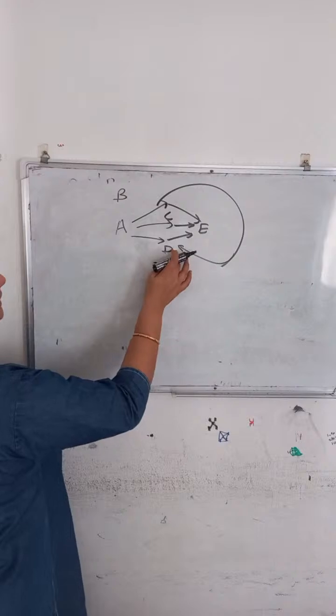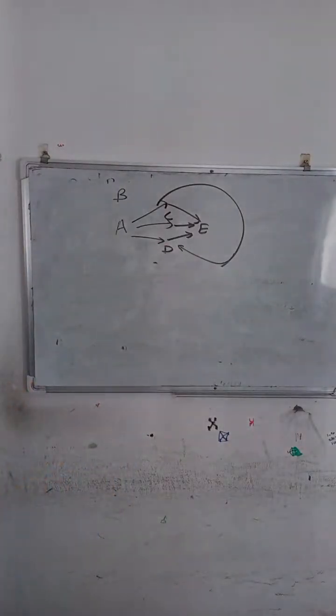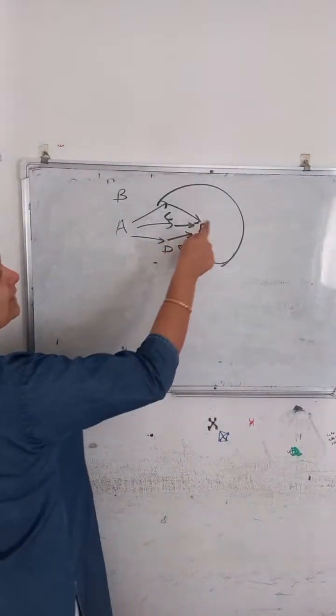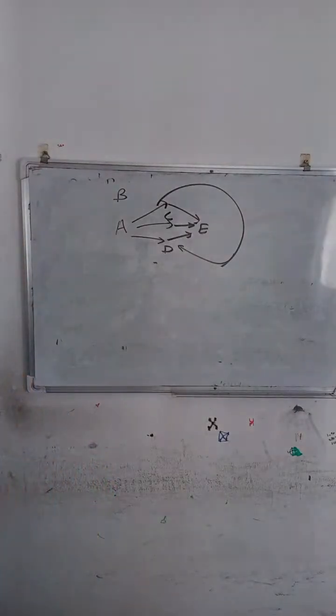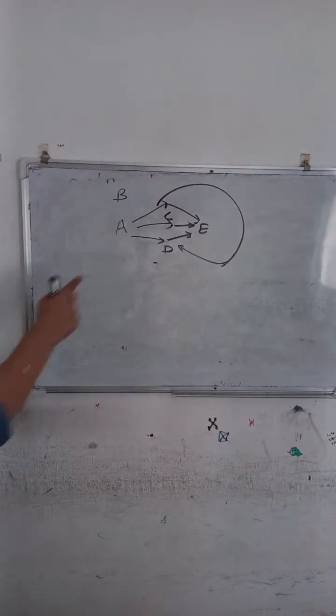This energy again comes to here only. So here they are asking where this particular toxic pollutant gets stored. Anyhow it is coming through these arrows, that means it is stored in E only. So options are given: species E, species B, species C, species D. So the answer is species E. It gets accumulated at E only.